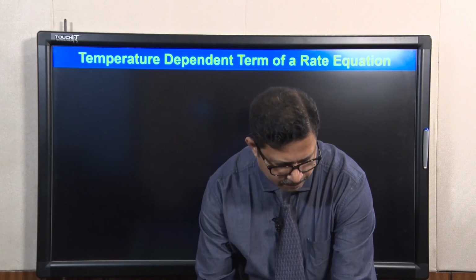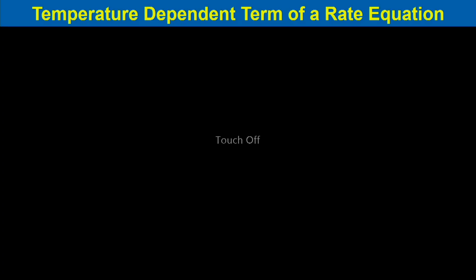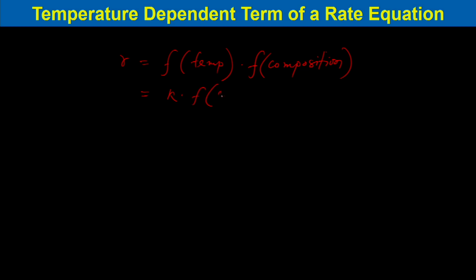That means r is equal to a function of temperature into a function of composition. Or we can write this function of temperature as included in the term k, the rate coefficient, into a function of composition.